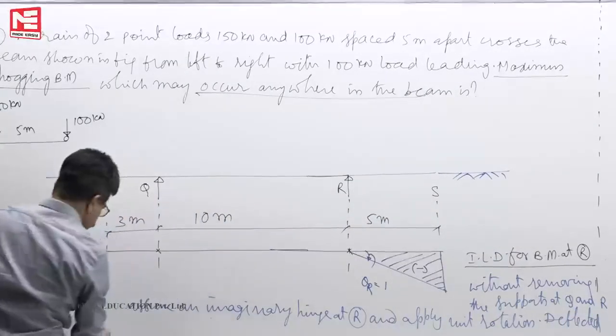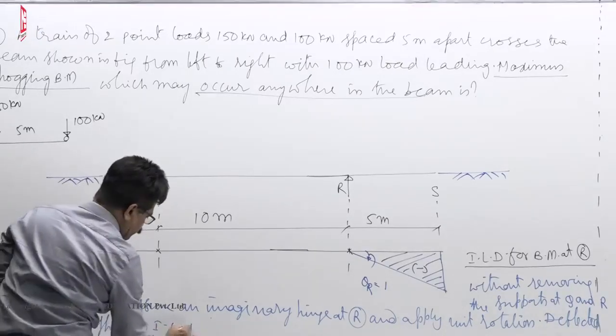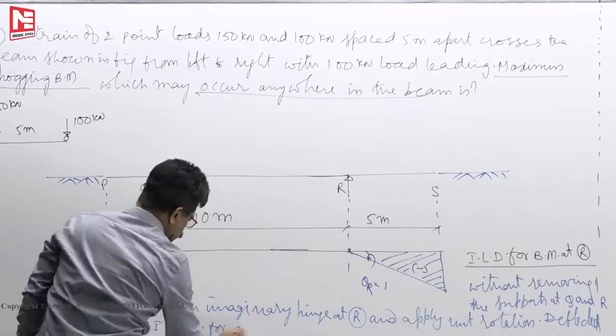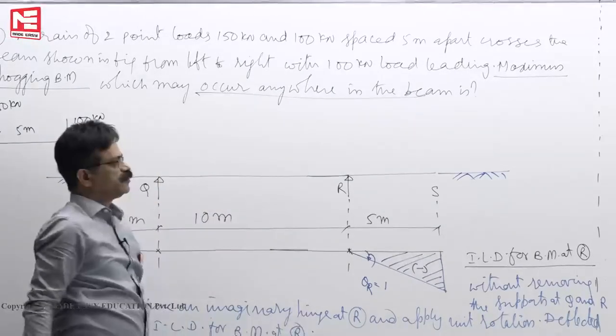Deflected shape is ILD for bending moment at R. So this is the process.